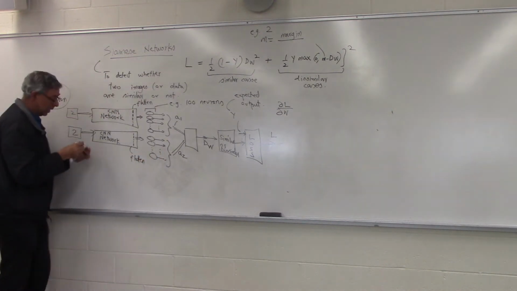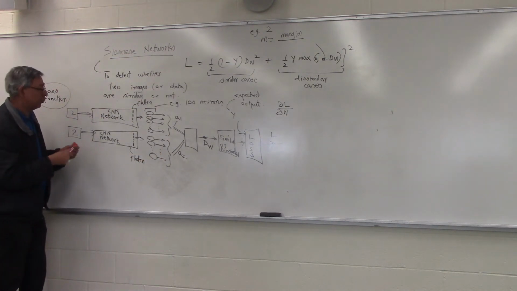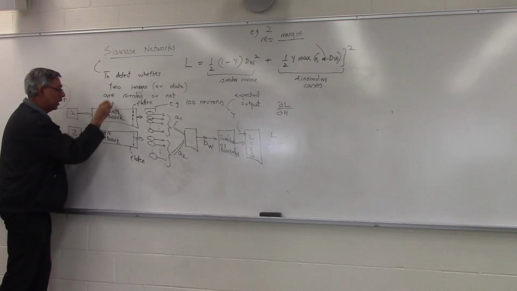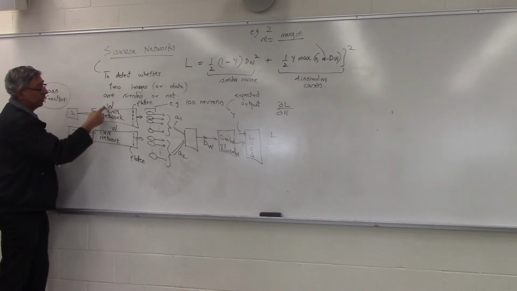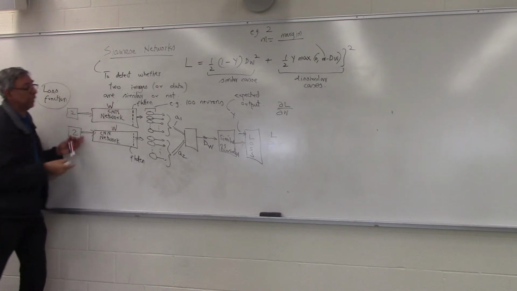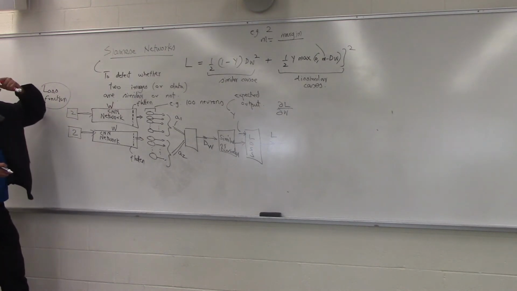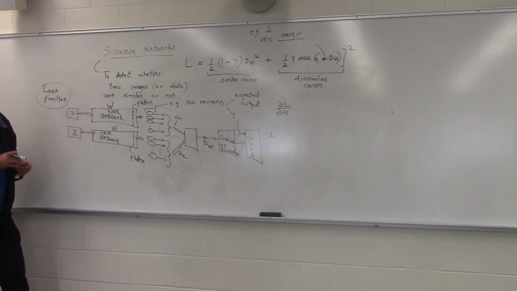Pretend in this network over here, we have some weights. Our goal is really to determine what these weights should be so that we get maximum distinction between dissimilar cases, and similar cases are put close to each other, right?